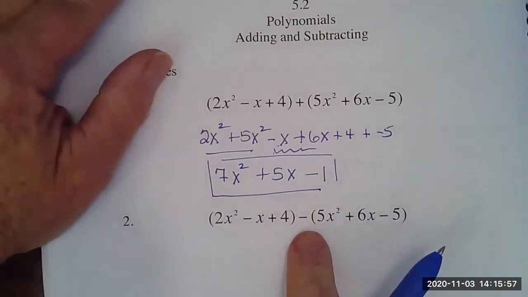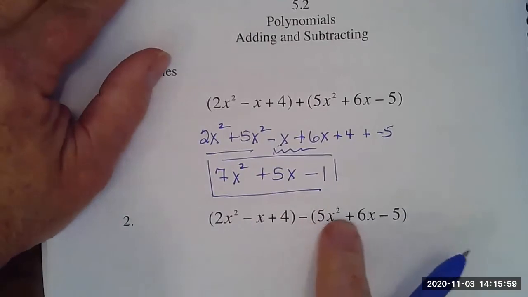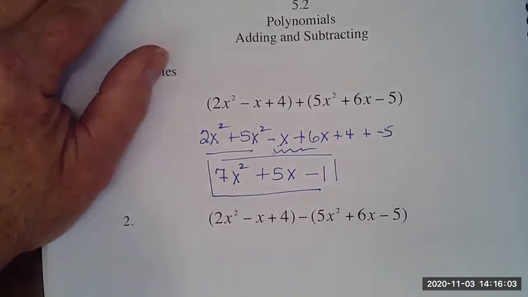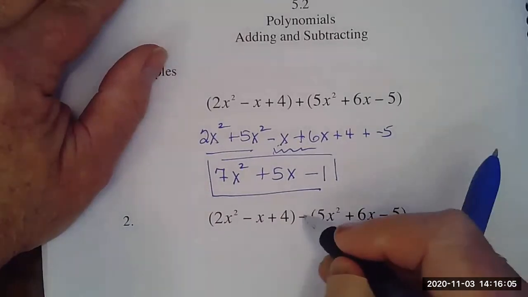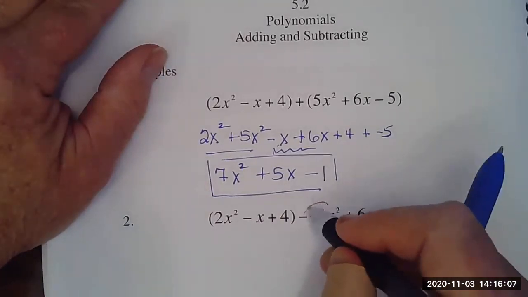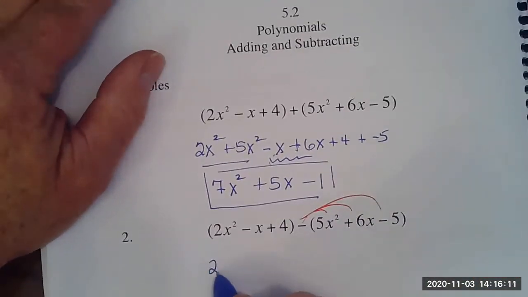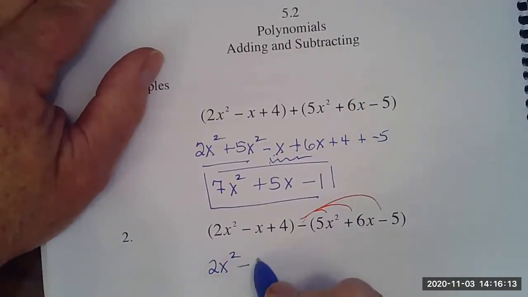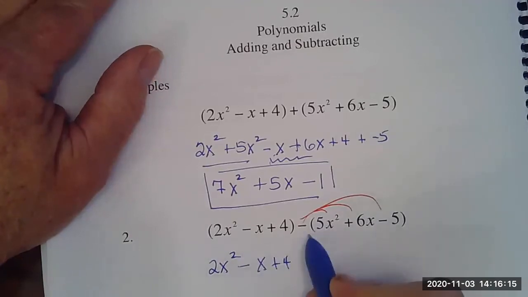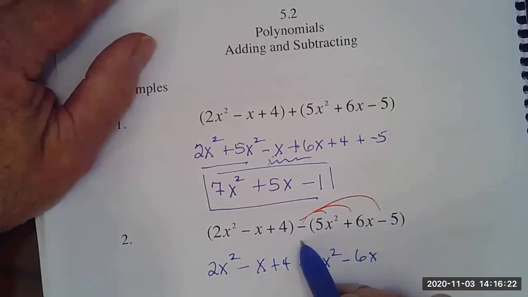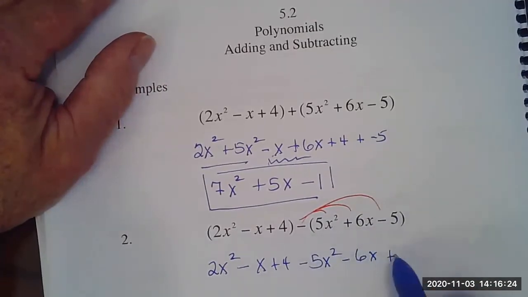Now this one here, you've got to be careful of, because I'm subtracting all of these from the front. Here's an idea. Since I'm subtracting, I'm going to distribute the negative to all of those pieces. Let's do that first. So I'm distributing the negative to everything in the second parentheses. Negative, negative, positive.